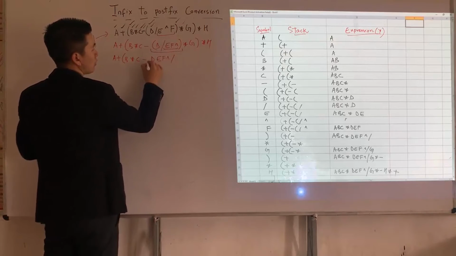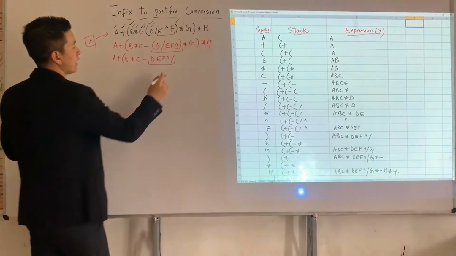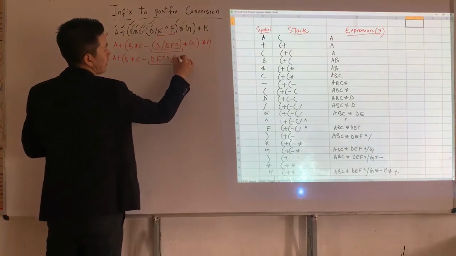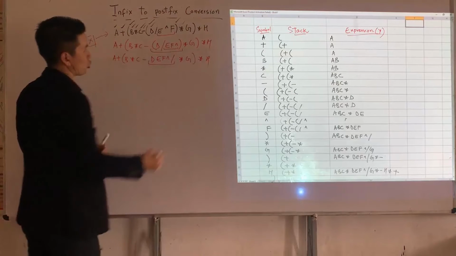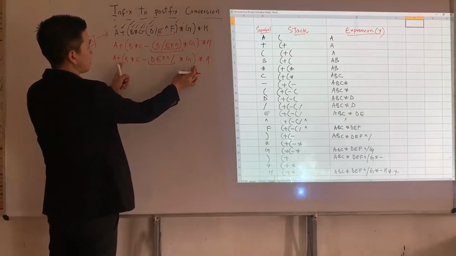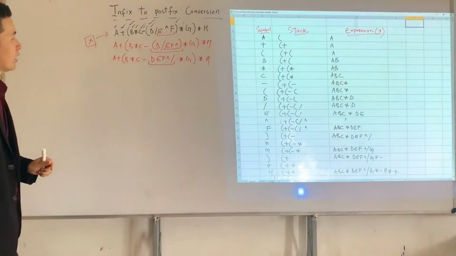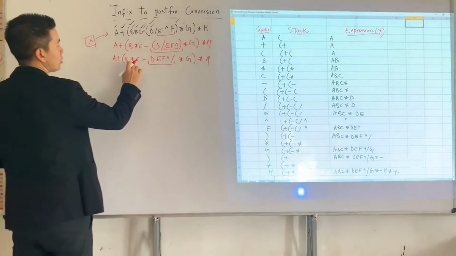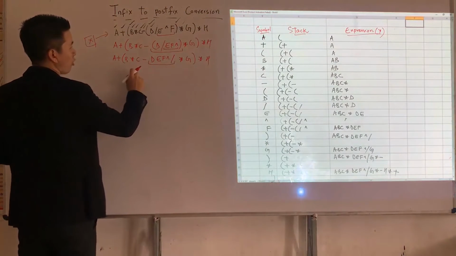So you'll just mark this to denote that this is one single operand, and then these two brackets will disappear, and then you have G multiplied by H. Now you have the bracket that is to be evaluated, and then you have 1, 2, 3, 4 operands separated by 3 operators.